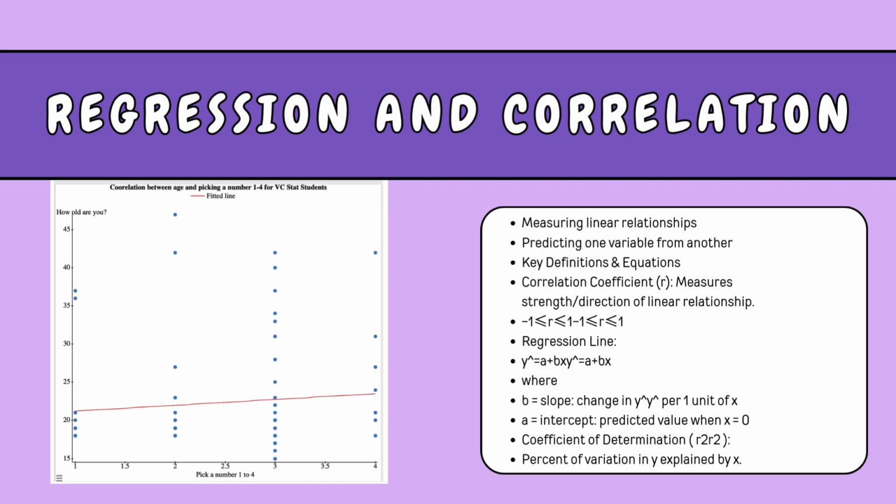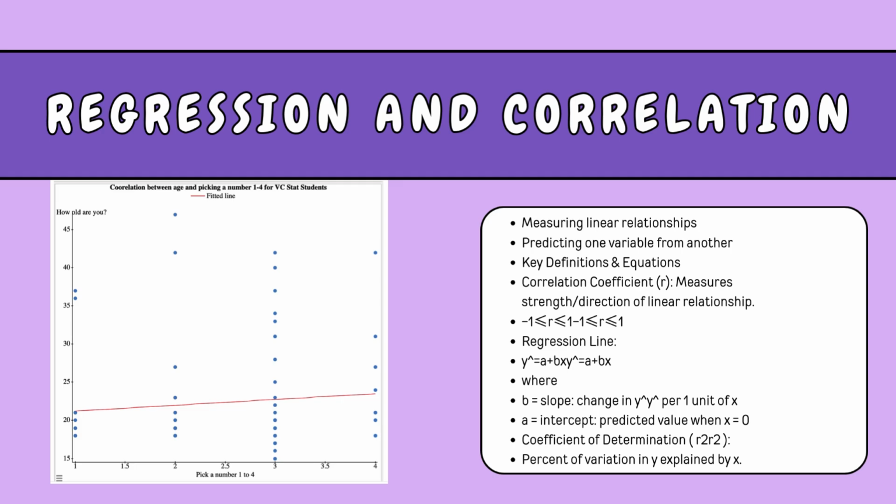The line is slightly positive, meaning that there's a slight correlation, but it's almost horizontal, which means that the correlation coefficient would be closer to zero. So it would have a small strength of correlation.